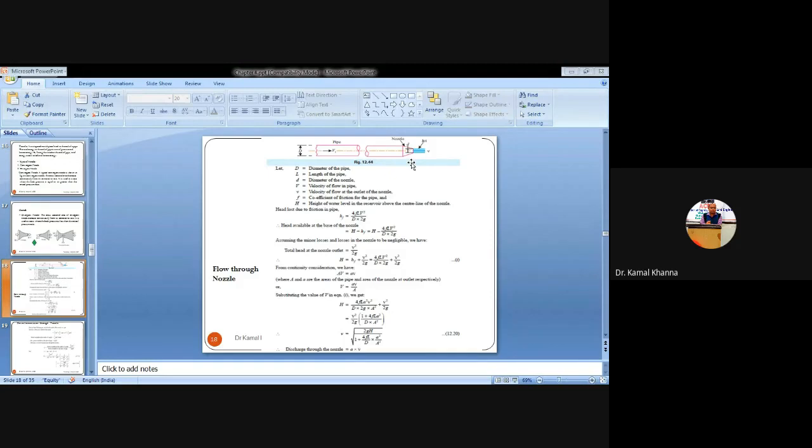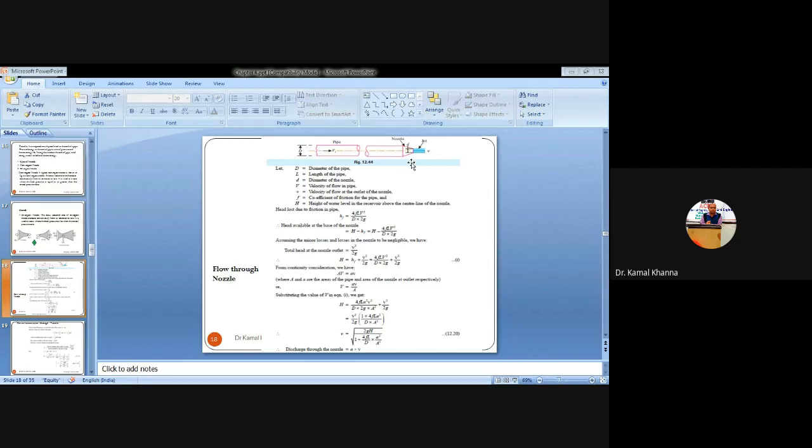So what is the loss of head due to friction in the pipe? According to the Darcy-Weisbach equation, we have hf = 4fLV²/2gD, where small f is the coefficient of friction, L is the length of the pipe from entry to exit, V is the velocity of flow of the fluid flowing in the pipe, and capital D is the diameter of the pipe.